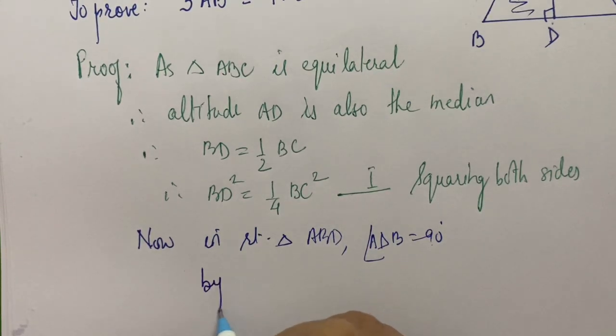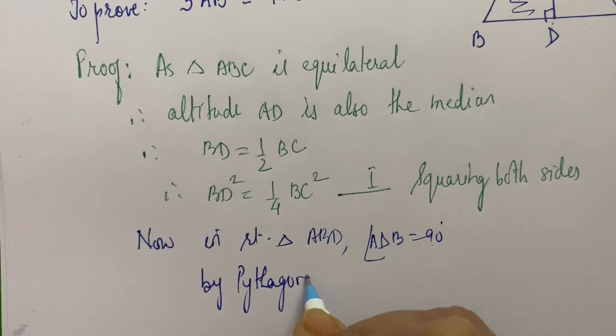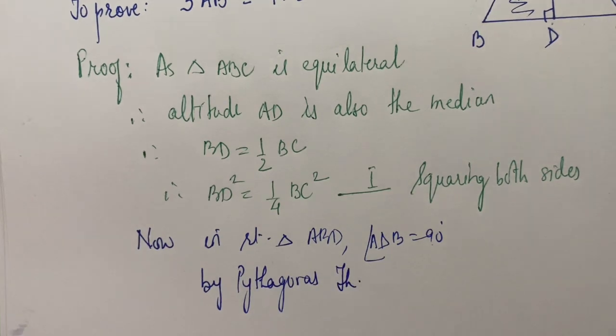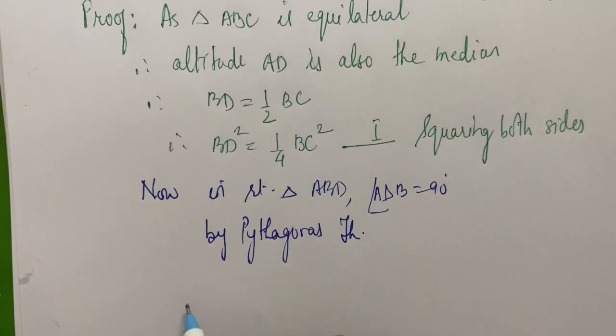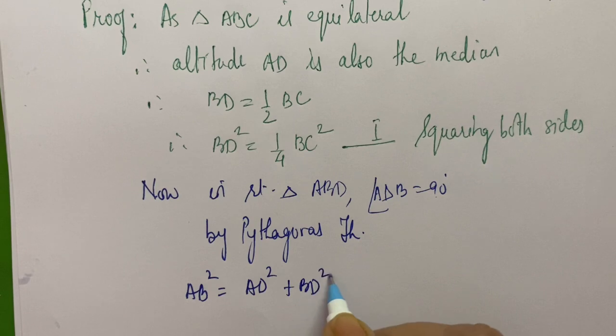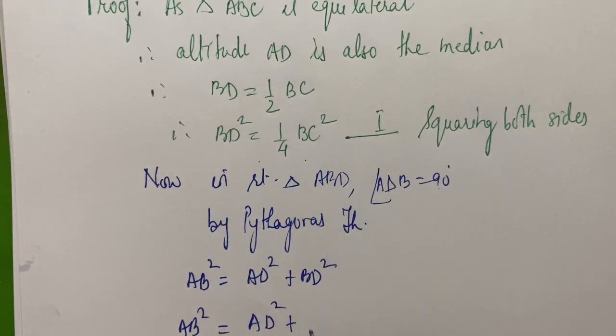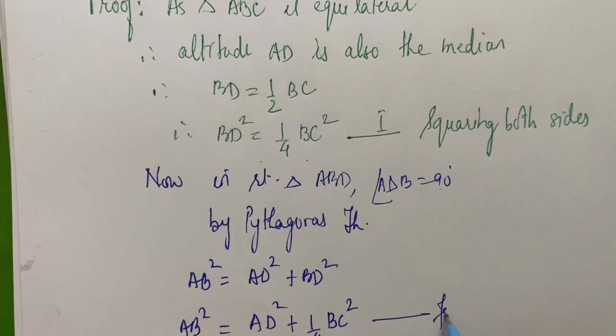So by Pythagoras theorem, you have AB square is equal to AD square plus BD square. So AB square will be equal to AD square plus, what is BD square? 1/4 of BC square. So 1 upon 4 times BC square from 1.